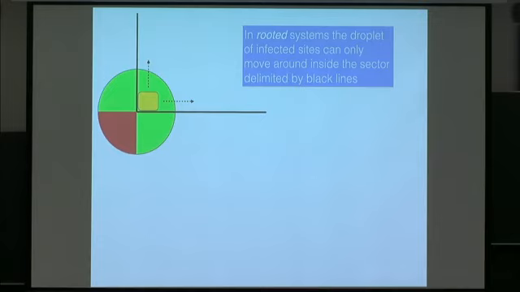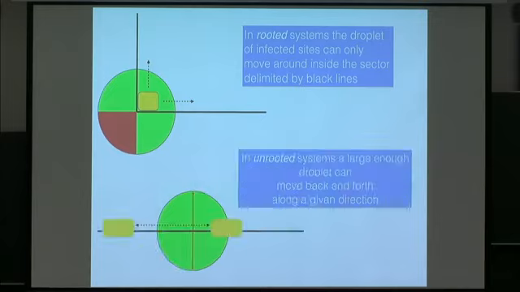It cannot go backwards. Instead, in unrooted systems, it follows from the work on bootstrap percolation that a large enough droplet can move back and forth along at least one direction.